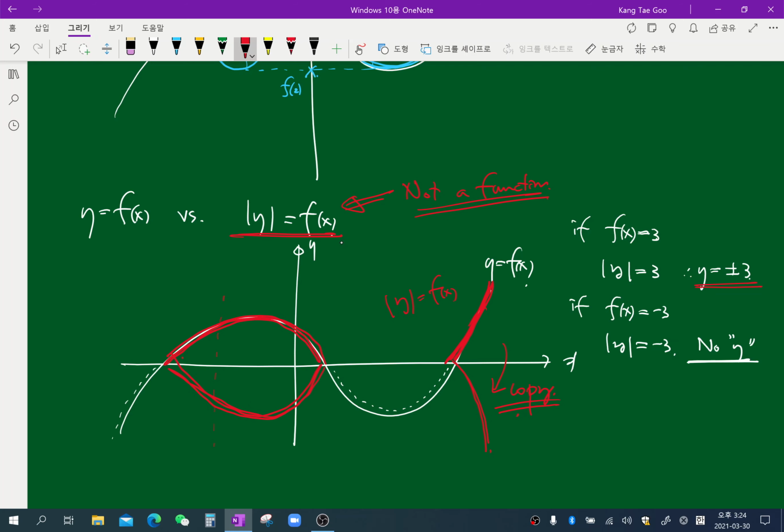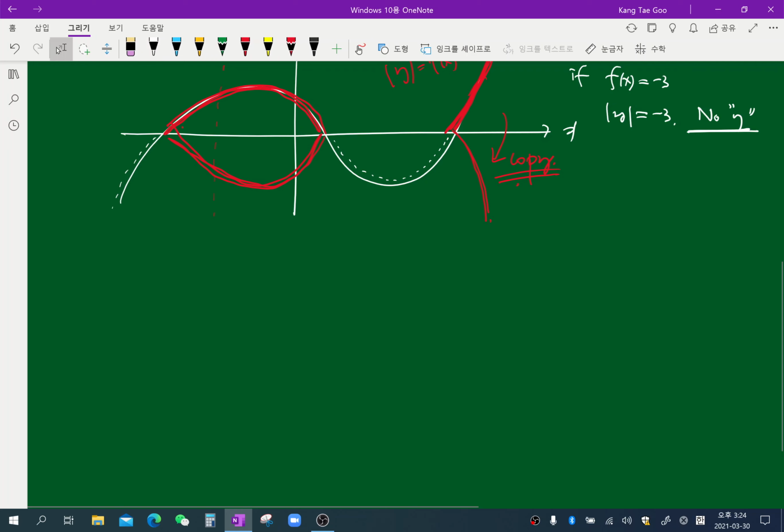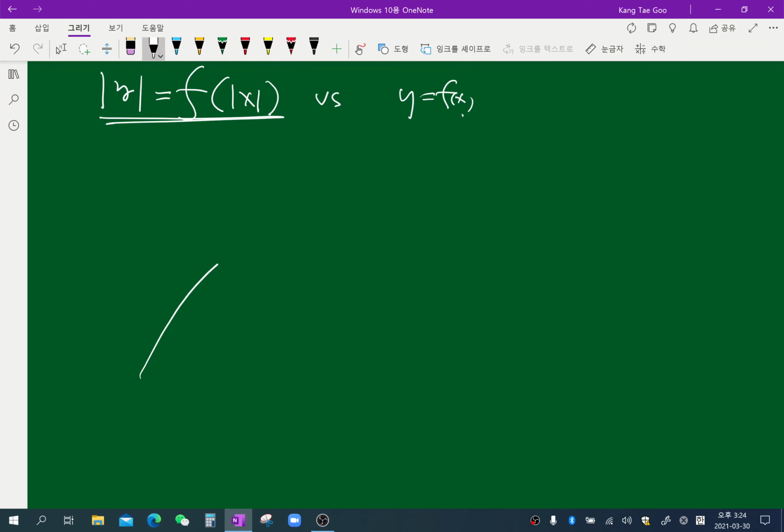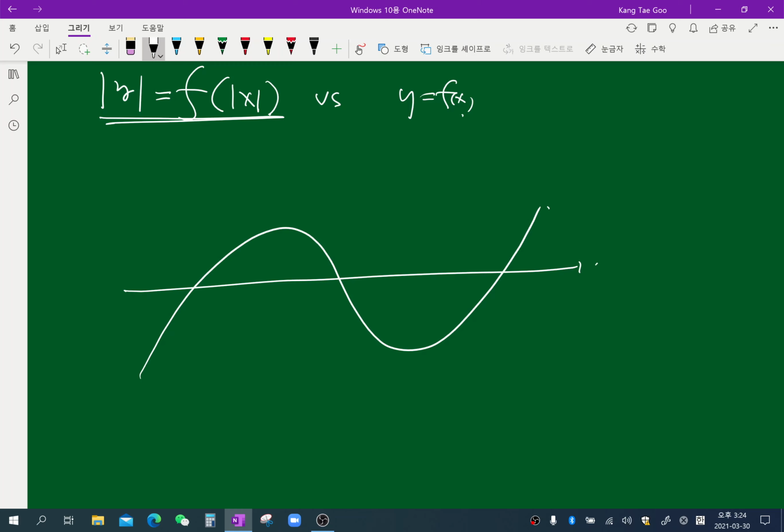Okay, then the next one: if we have the absolute value sign on y as well as the absolute value sign on x, then how? Again, I will draw a similar shape. What do we need to think at the very beginning? Exactly: where are the two functions the same?